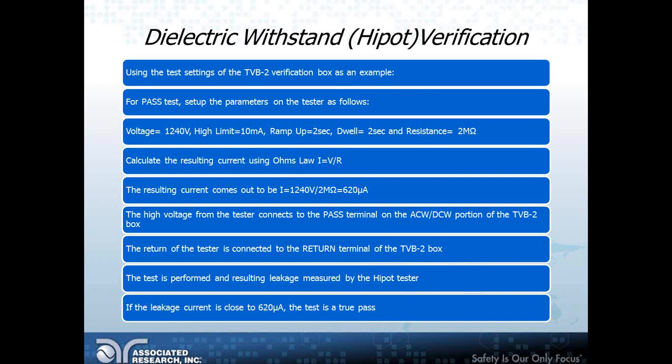Once again, we're going to go over a basic verification method, using our example of the TVB2, the test verification box that we just discussed, which is a simple go, no-go box for running daily verifications on your electrical safety testers.